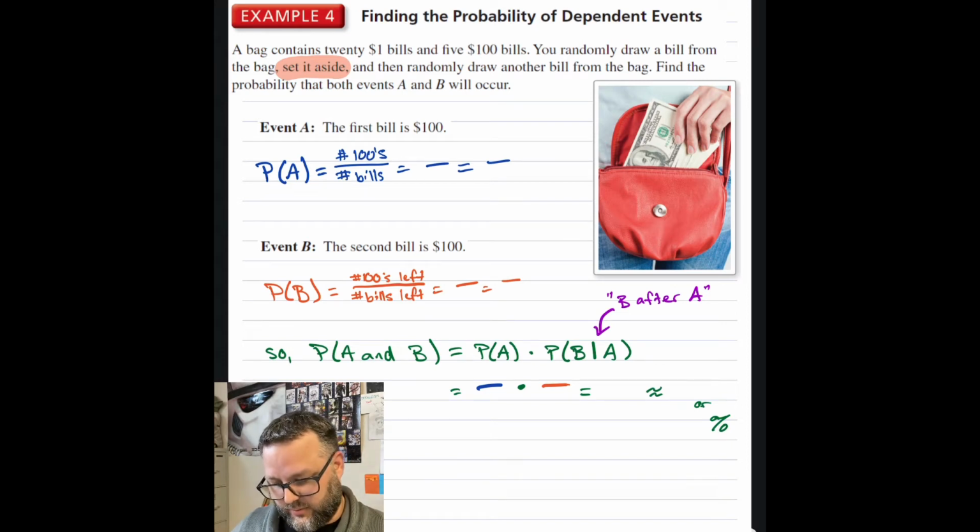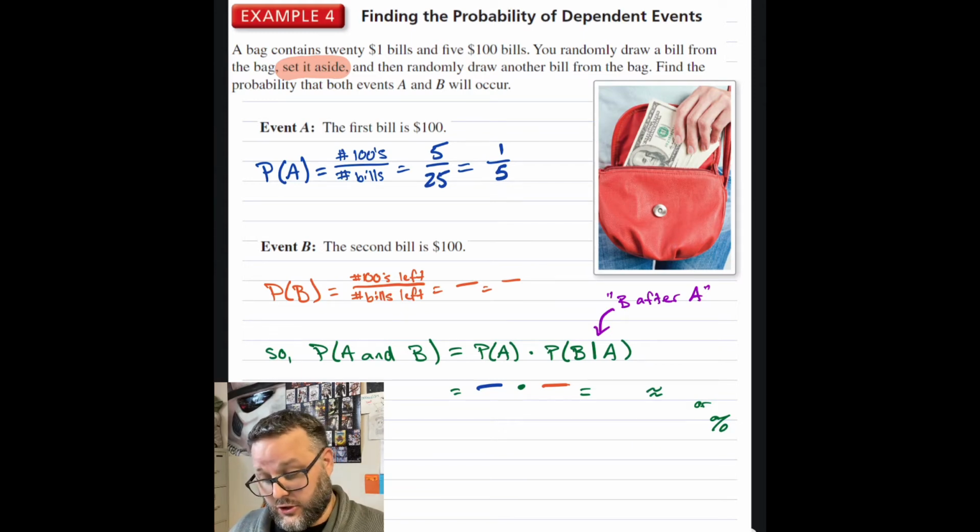So the chance of pulling a $100 bill the first time is 5 out of the total bills. Well, 20 plus 5 is 25. So I have a 1 in 5 chance of pulling a $100 bill. The thing is, there's now, theoretically, one less $100 bill.